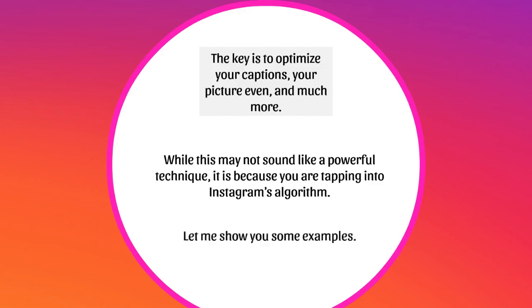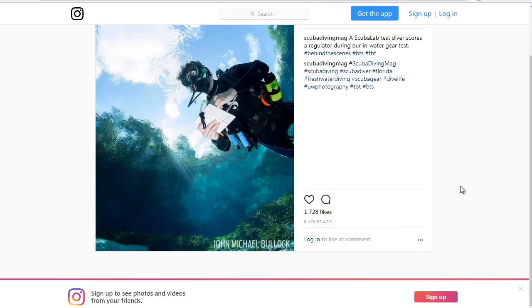All right, so let me show you some examples of how this works. What I want to do is show you a very quick difference between a brand and a personal lifestyle kind of Instagram profile. So first things first, this one here is Scuba Diving Magazine.